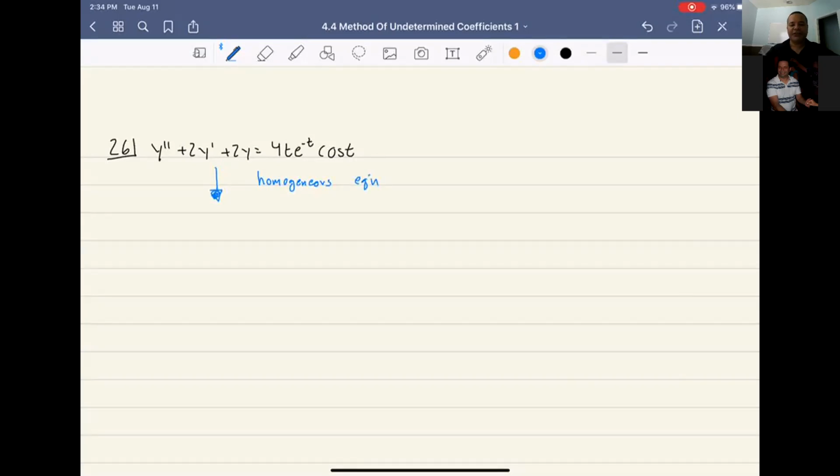So the homogeneous equation, remember, we're setting it equal to 0, y equals e to the rt. So we get, as our characteristic polynomial, r squared plus 2r plus 2 equals 0. r equals -2 plus or minus the square root of 4 minus 8, over 2.